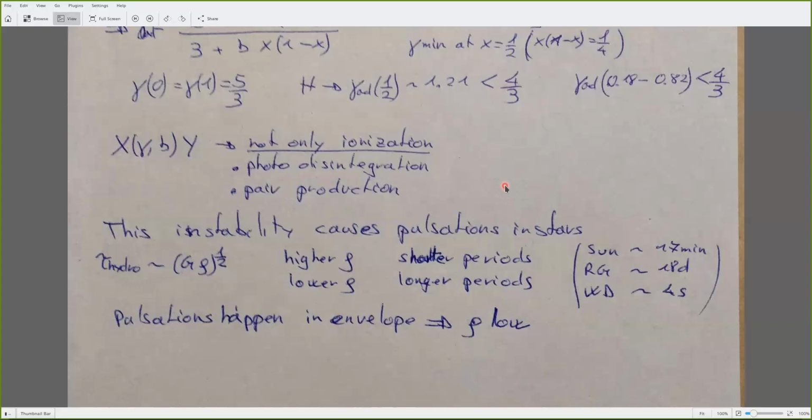So essentially these are all situations where some of the energy goes to increase the number of particles instead of increasing the pressure. You are storing energy there, then it goes back, like the pulsation. Yes, okay, instability because of this pulsation.